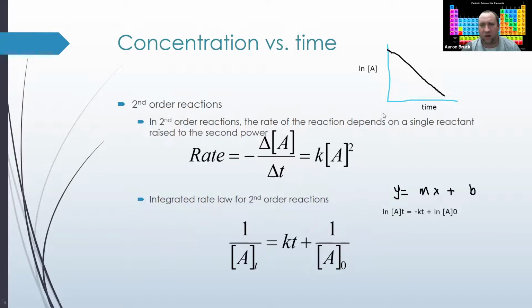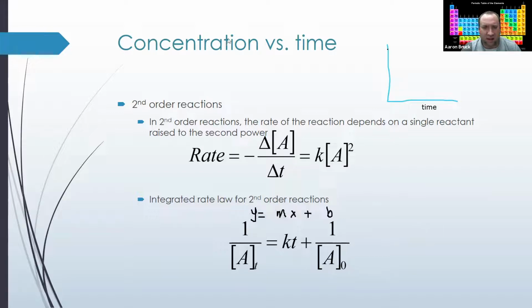If it is second order, things have to change a little bit here. The first thing that we should notice is that the slope of the line, because we have essentially inverted the fraction, is going to be positive in this case. The other thing we should notice is that the y-axis is now equal to 1 over the concentration of A, as opposed to the natural log or just the concentration itself.